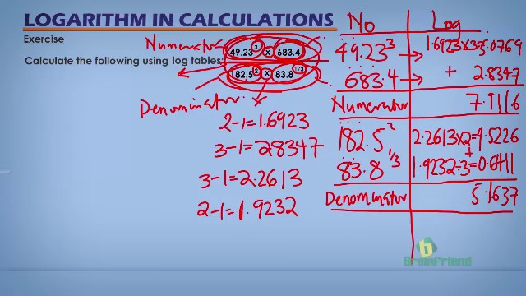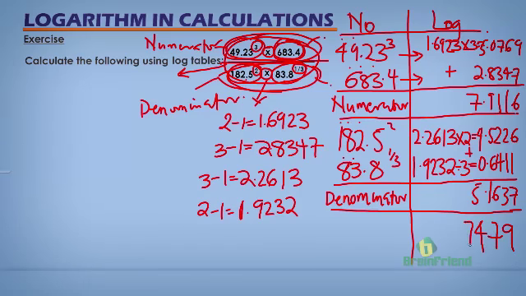Therefore, 7.9116 would subtract 5.1637, and that would give us 2.7479.